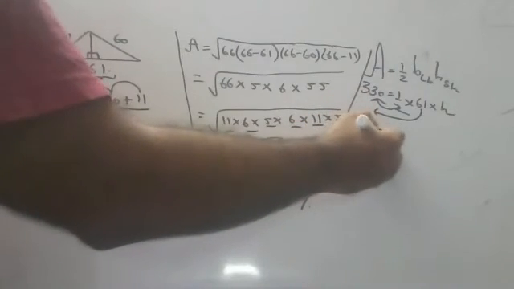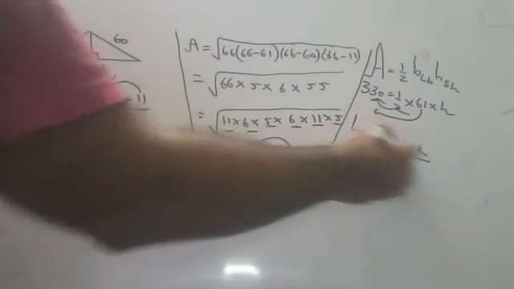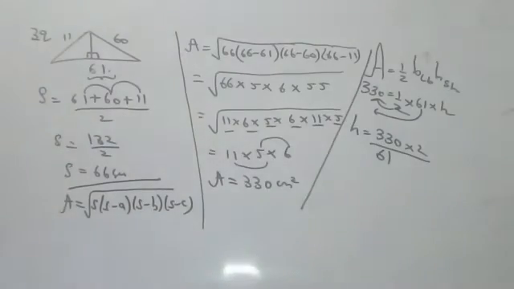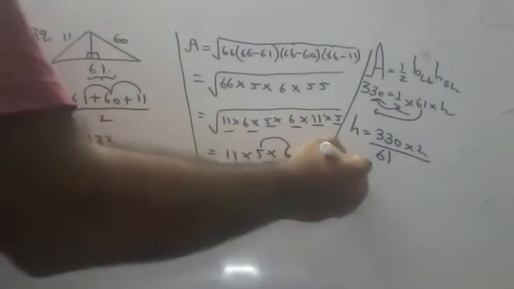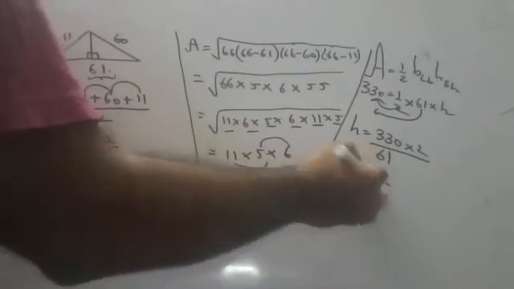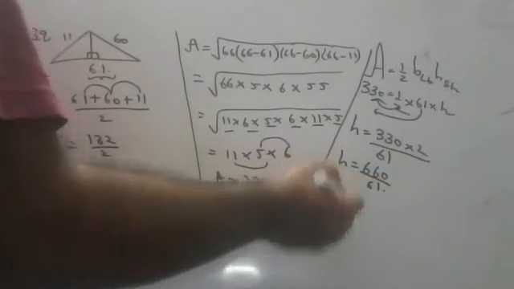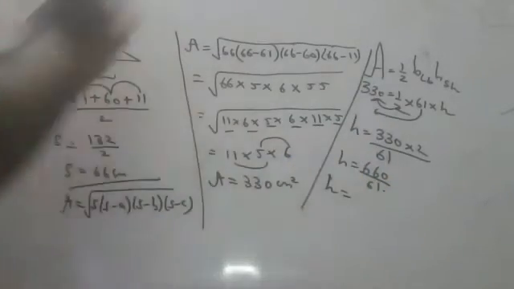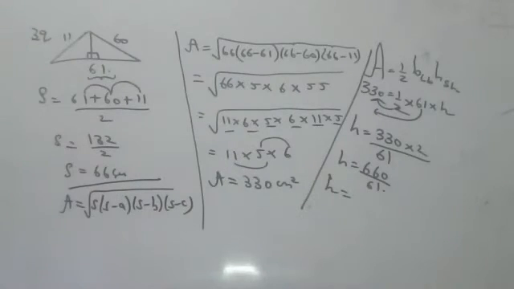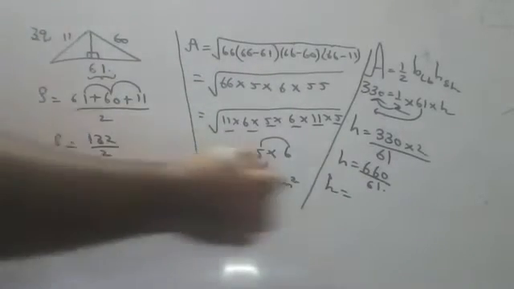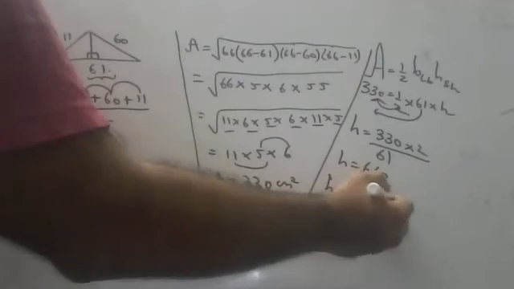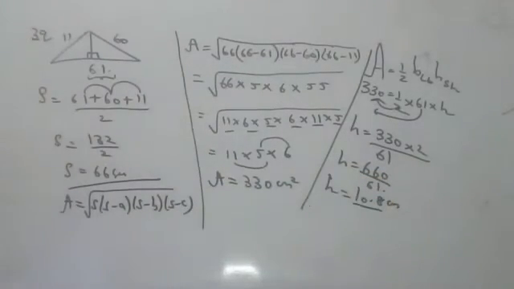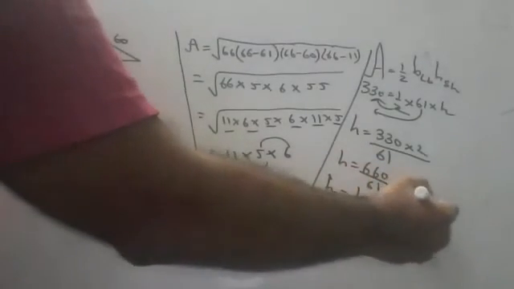So h is equal to 660 by 61. Can you tell how much? 10.8 centimeters is shortest height.